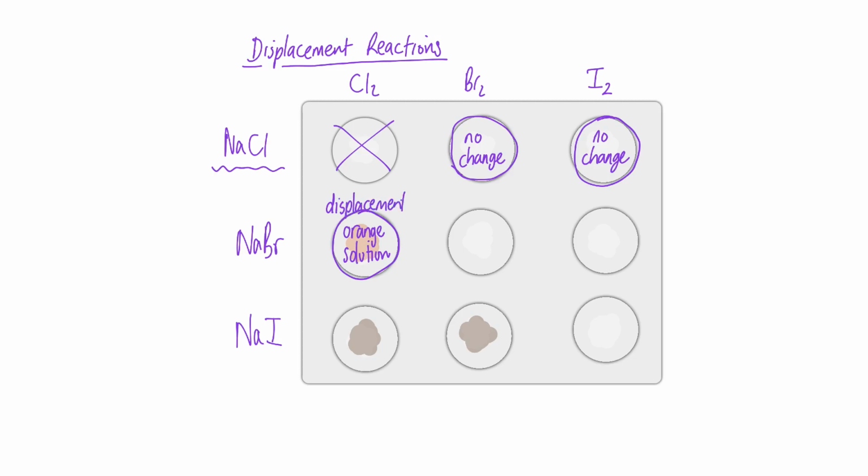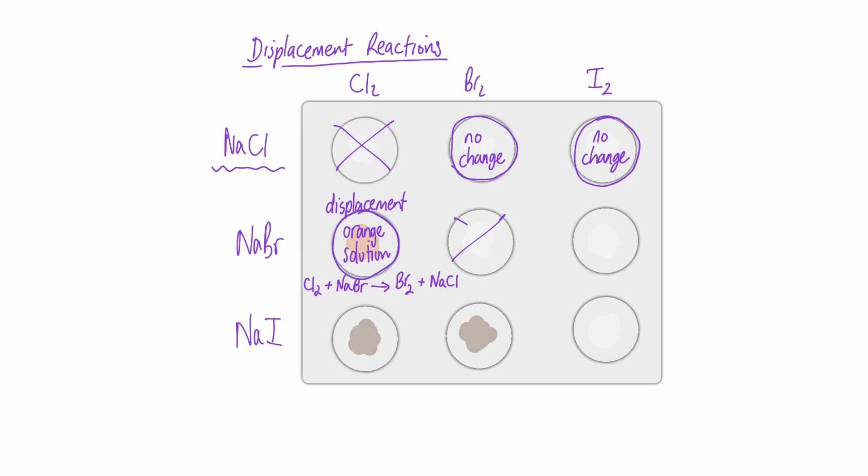And what's happened is that my chlorine, my Cl2, which I've added, has pushed my bromide, which is in the sodium bromide, out of the solution. I now have Br2, that's what that orange solution is, and then I've got NaCl left behind. The chlorine is more reactive, so we can kind of think of it as the chlorine stealing away the sodium from the sodium bromide, and the bromide being pushed out and made into Br2.